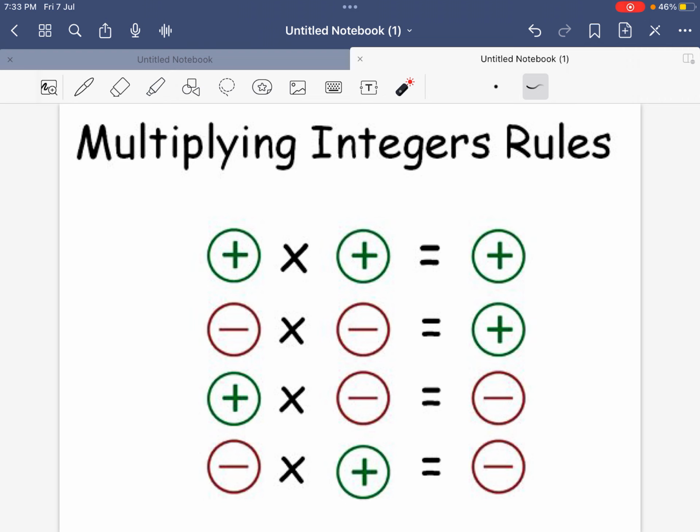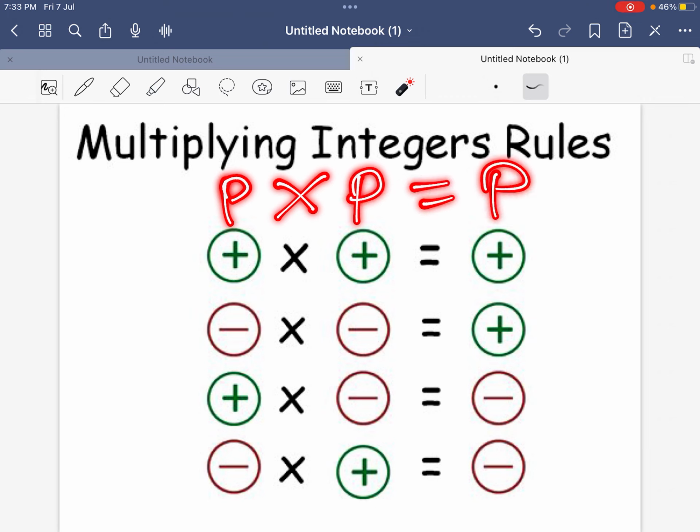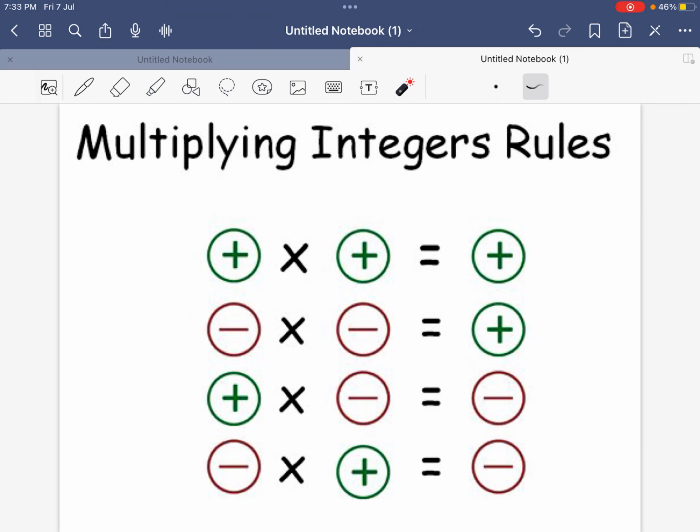So initially take an example, this is our first condition. If the first number is positive, the second number is also positive, and we are multiplying these two numbers, then your answer is also positive. So just keep in mind, positive into positive is equal to positive.